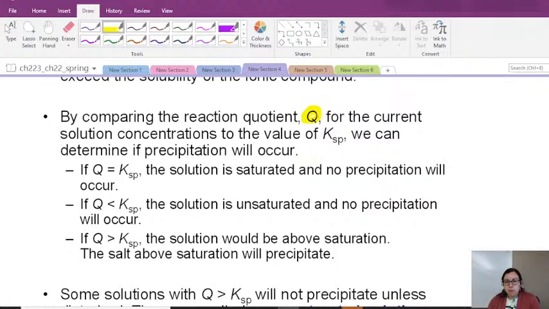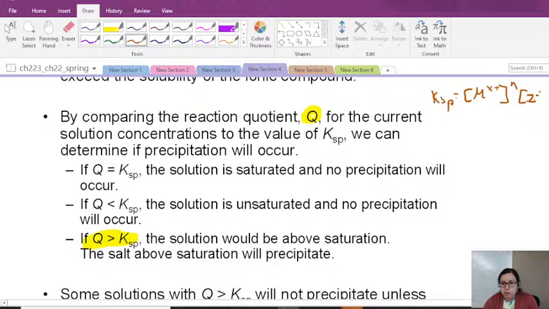Just like before, Q just gives us our snapshot. So we're seeing, are we greater than our KSP? If we had Q greater than KSP, and just think back, what was my KSP? Whatever ion times our anion.